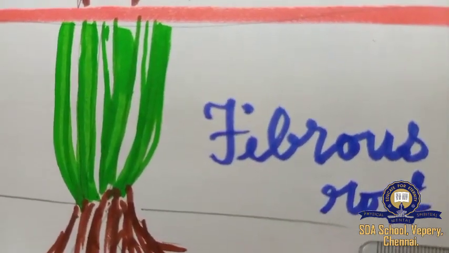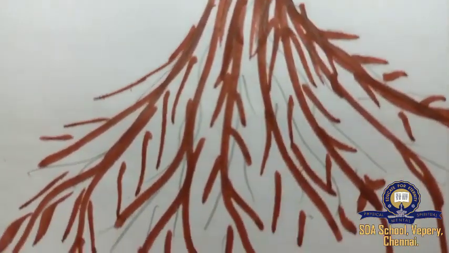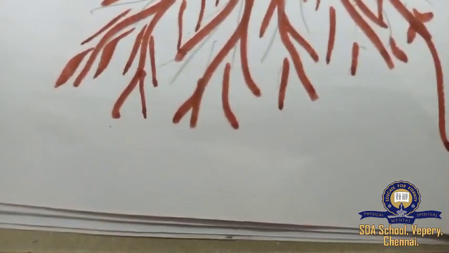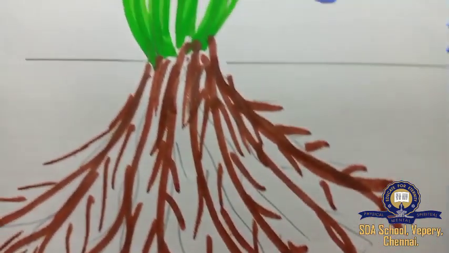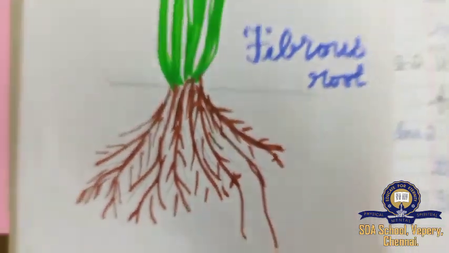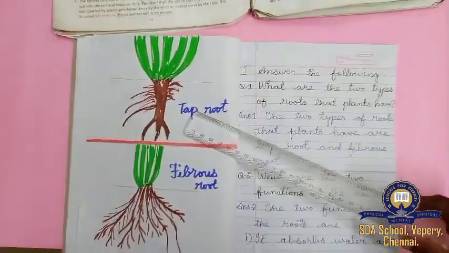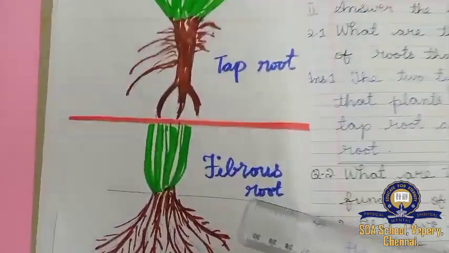Some plants do not have a main root. They have only fibrous root. You can easily pluck it out. So these are the two roots, taproot and fibrous root.